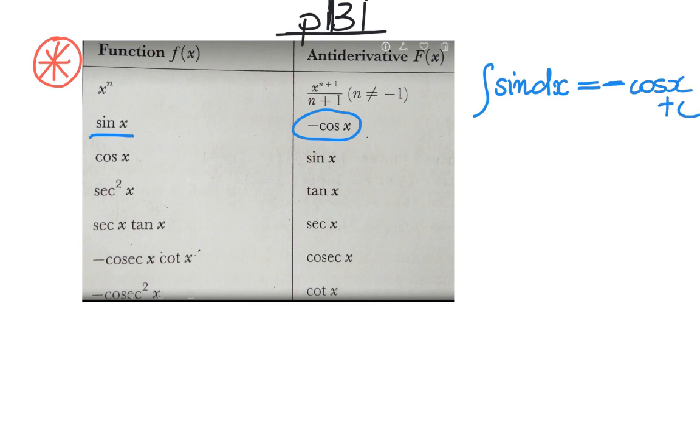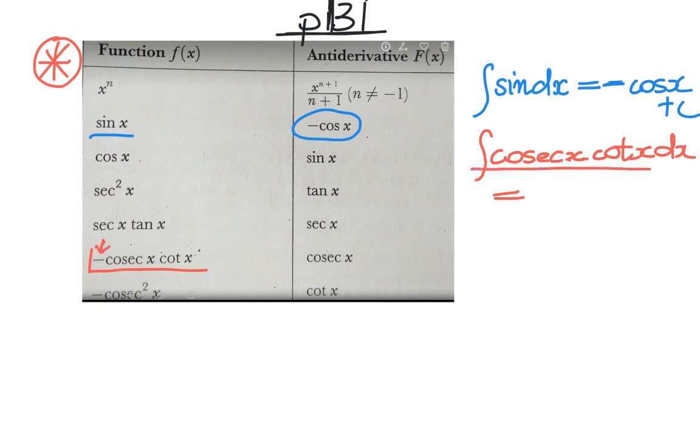If I would like to determine the antiderivative of, let's say, cosec x times cot x dx, what will this antiderivative be? Well, here is a minus. I don't have a minus on my integral here. Therefore, the integral of cosec cot will be negative cosec x plus c.